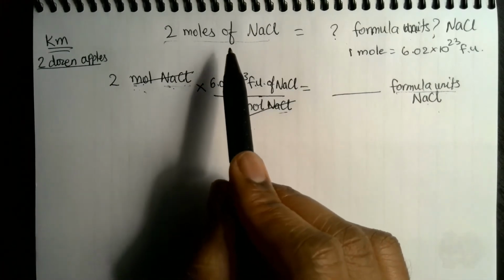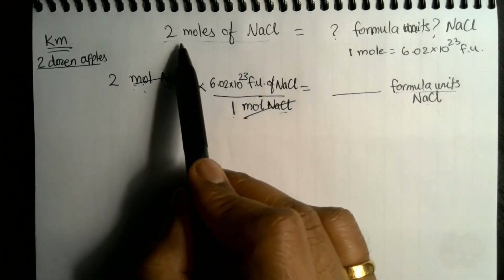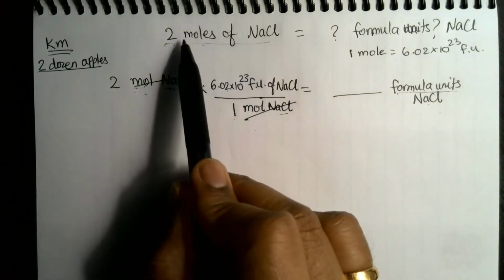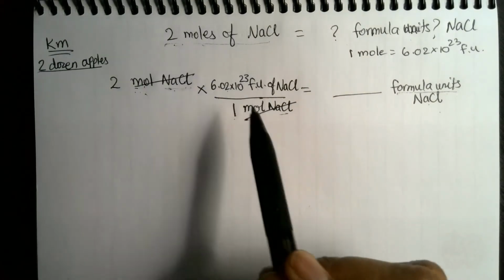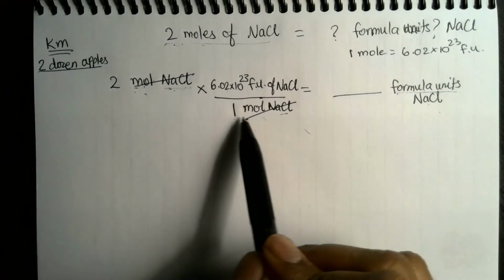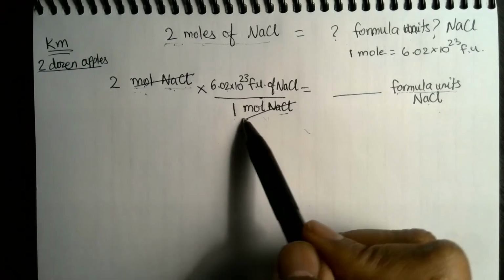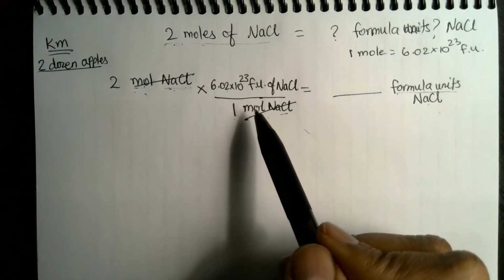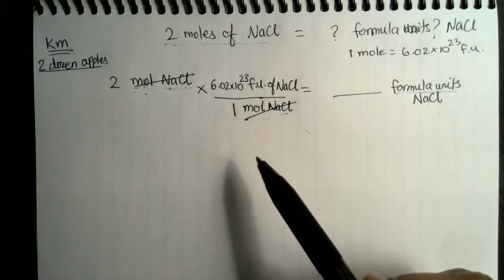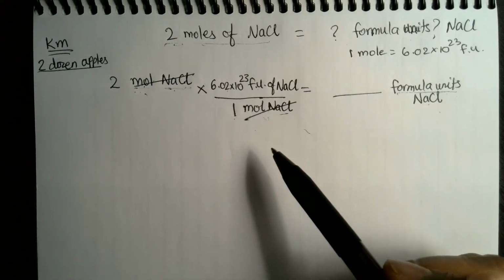I'm sure that before we even started answering this, some of you may have realized, well, I don't really need this, I can just multiply by 2. To show your work, it's important that we do this. And right now it's a straightforward question, so it's easy. Practice conversion factors, because down the road, as you'll see, you'll be forced to use them.